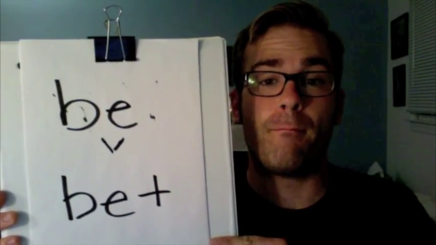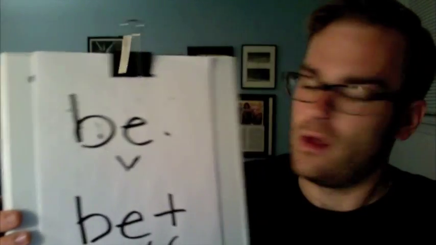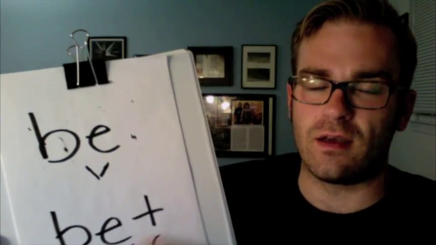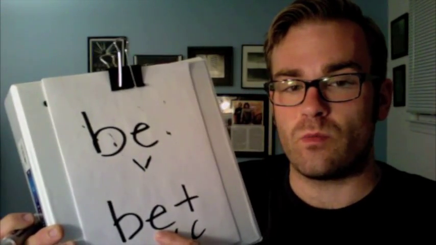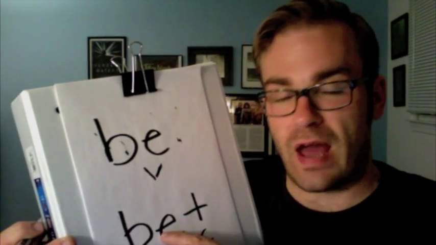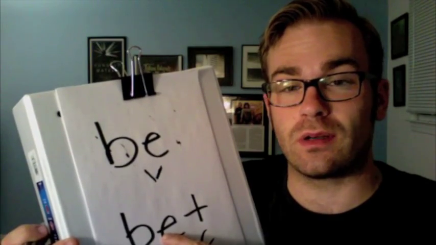That's right, bet. Let's see why. B, et, bet. The appearance of the T after the E means it's a closed syllable and our vowel sound for E is short, like eh.